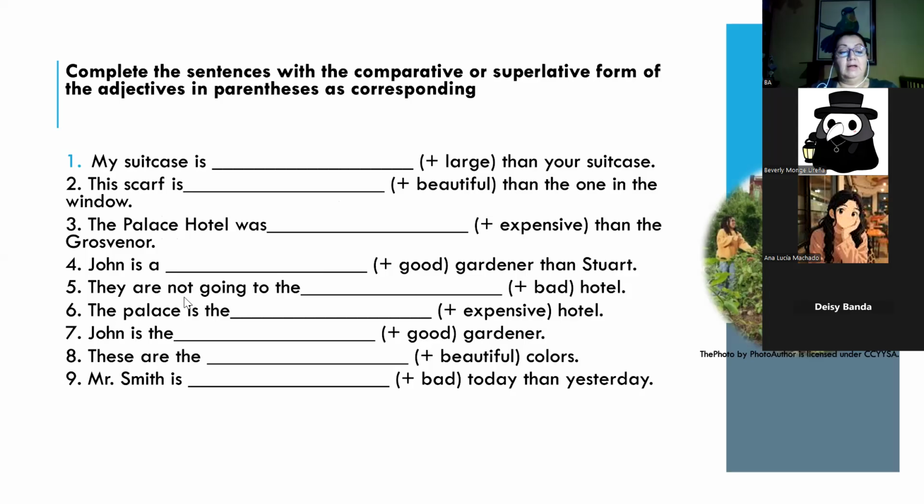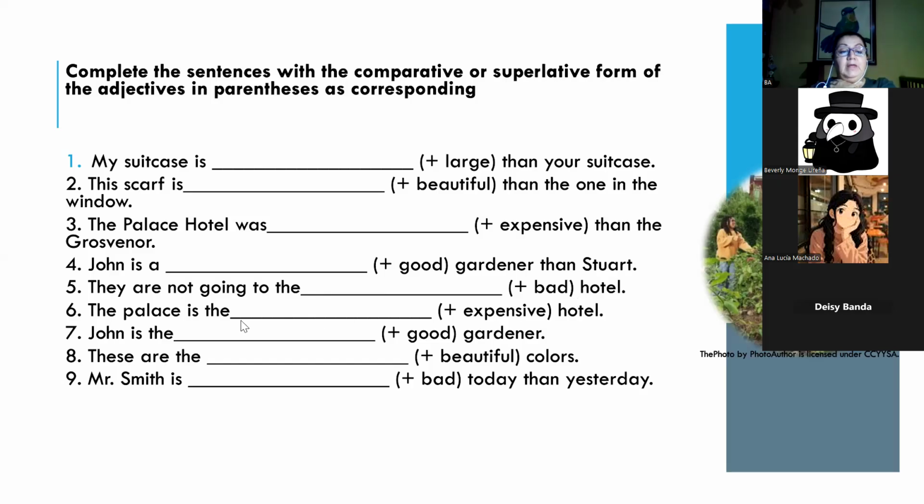Two people. They are not going to the hotel. Worse. Worst. ¿Comparativo o superlativo? Superlativo. Superlativo, porque aquí no está diciendo dos, está diciendo el más malo de cuál, de todos, es más de dos. So they are not going to the worst hotel.